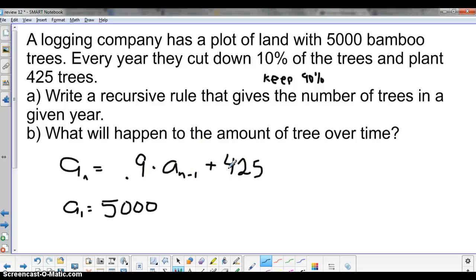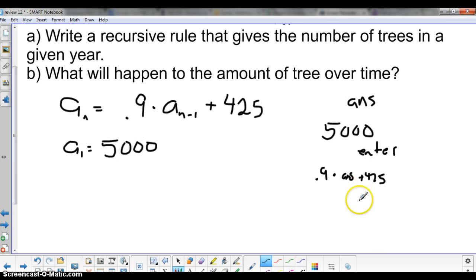All right, and so with your calculator, you can use that answer key for this. This is what you would do: you would type in 5,000 into your calculator, hit enter, so it stores it. And then you can type your recursive rule in. You can say 0.9 times answer plus 425. And then you just hit enter.